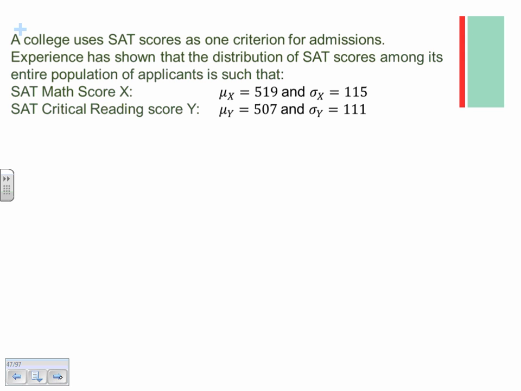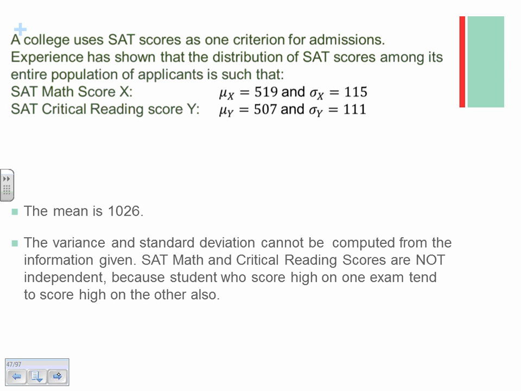However, in general, for most people, I think that they're going to be dependent, not independent. But the mean you can find, even though they're not independent, just add them up. And the standard deviation would not work that way.